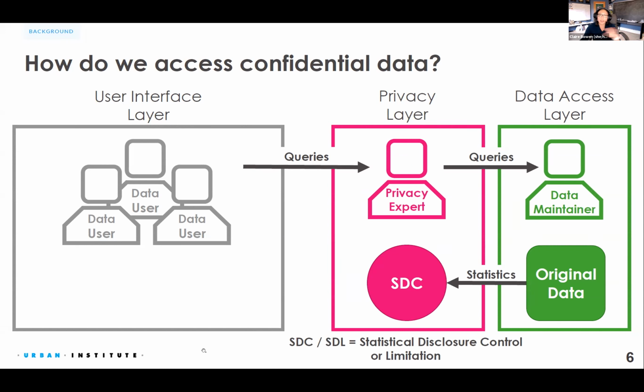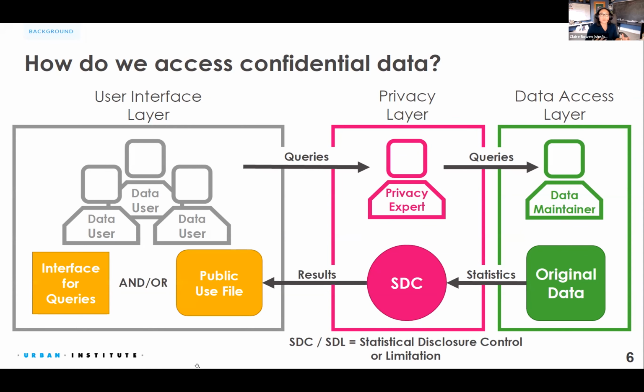After having these statistics or parts of the data altered, you get some sort of result out. Either you have an interface, some medium between you and the data set, where you submit your analyses or queries and get a noisy answer back, or you get a public use file, which is what people most often get access to: some sort of public version of the data set that has been highly altered for privacy purposes.